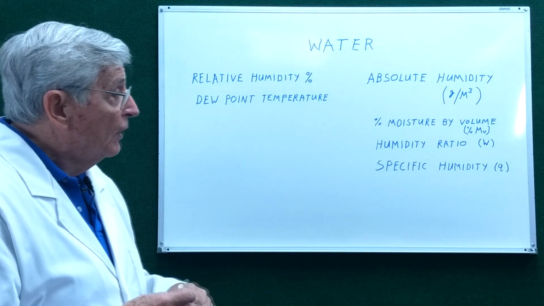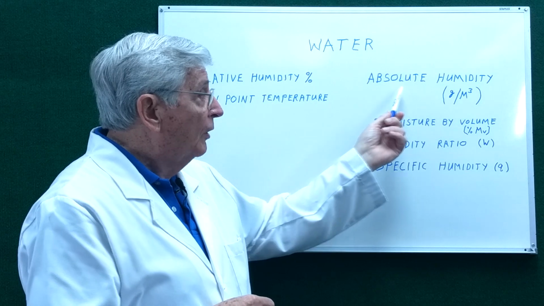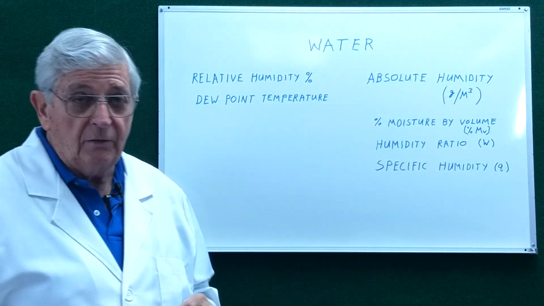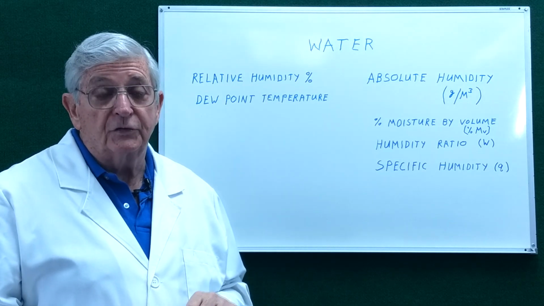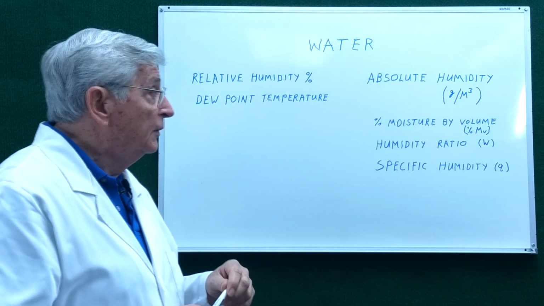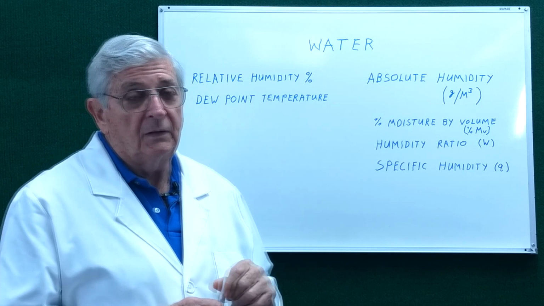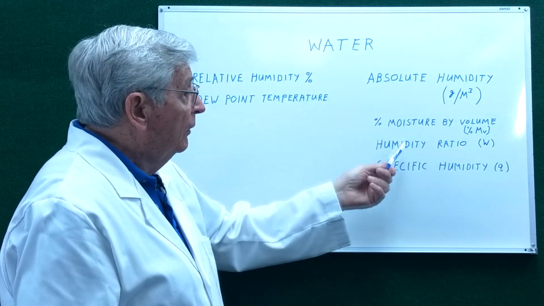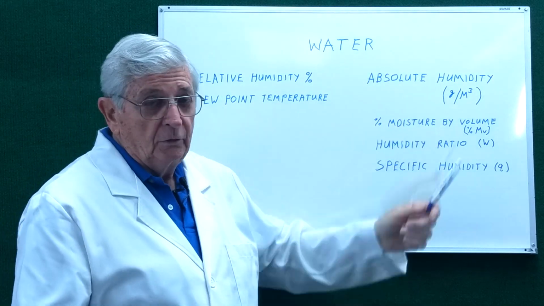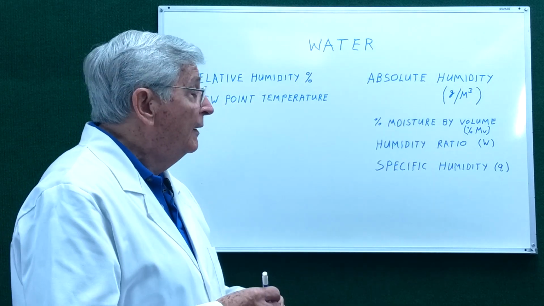Now, there's also what are called absolute humidity scales. These are used more in science and industry, and so you may not be as familiar with those terms. These are all what are called absolute humidity terms.